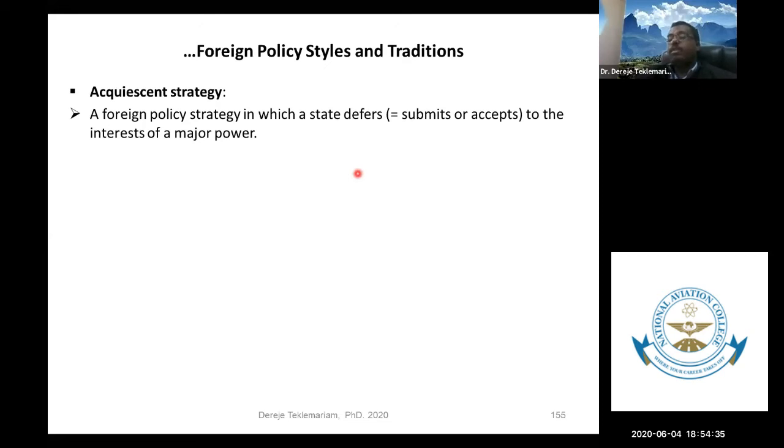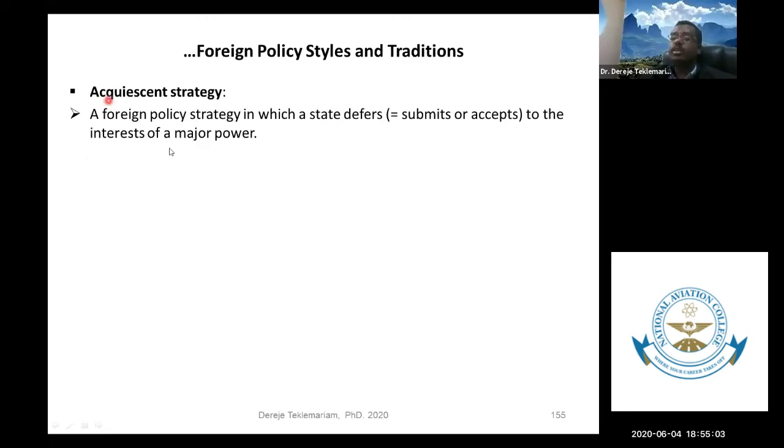States may subdue their interests. For example, even if Ethiopia's interest is not fulfilled within America's interest, it may follow a deferring strategy, or simply accept the interest of a major power. So most lower power or low power strategies follow this one. Even powerful states can go for this one.